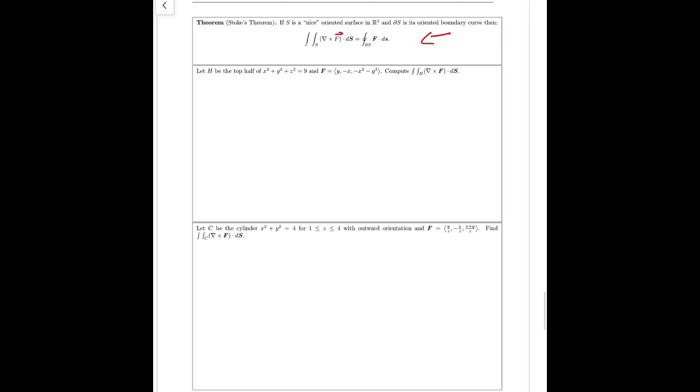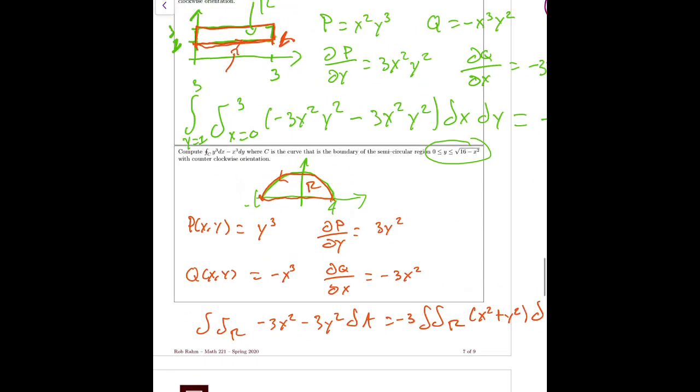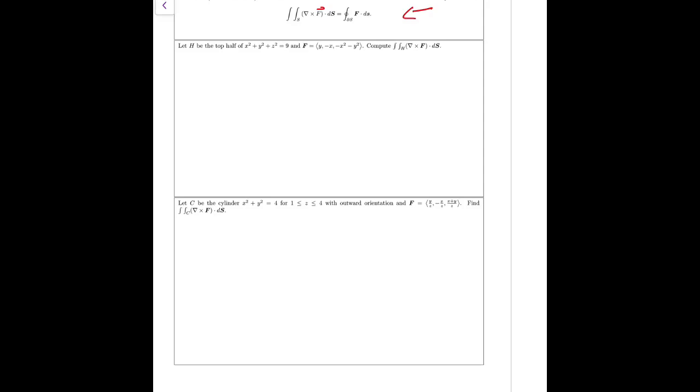Okay, one other thing I want to mention is let's compare this with Green's theorem. Remember, if we look in 2 dimensions, if we have some vector field F1, F2, the curl is technically not defined in R2, but if we just add a third component that's 0, we can define the curl of that vector field.